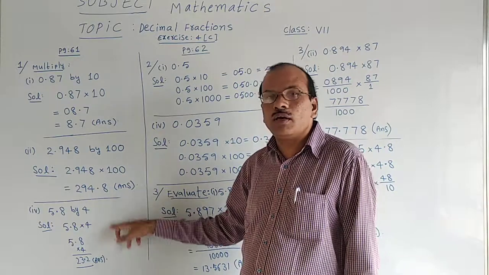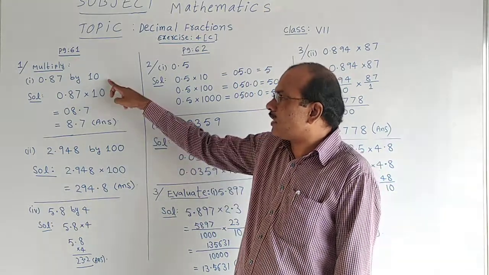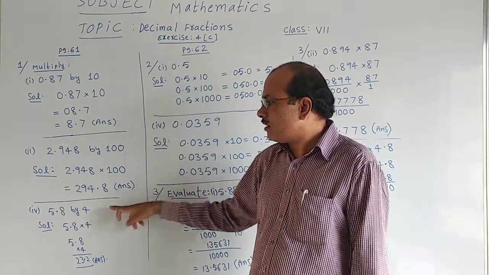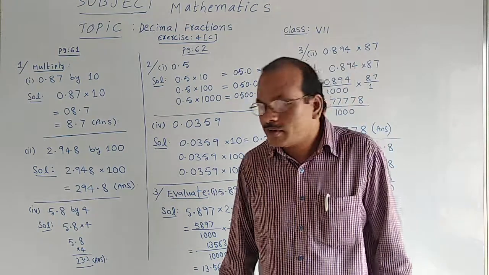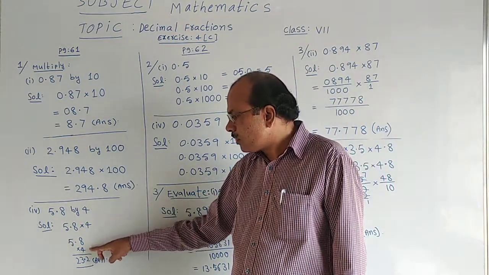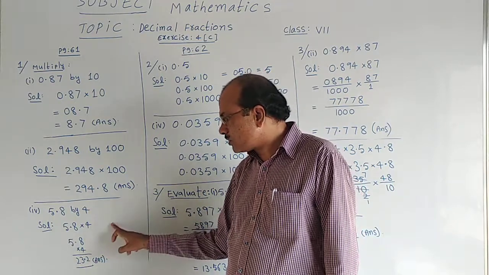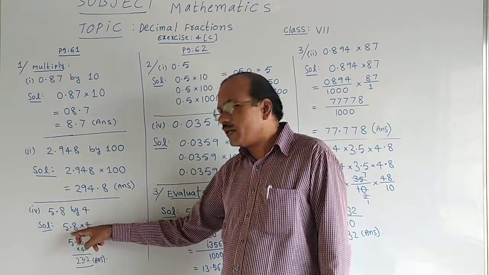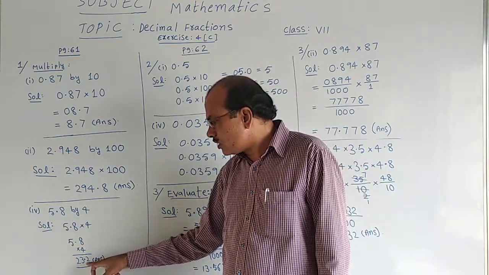Both are the same, multiplication with a whole number. Here it is with 10, here with 100, but this one is with 4. Directly we have to multiply. That is 5.8 should be multiplied with 4. 4 8s are 32. 3 carried in the rough and 2 written. 4 5s are 20. 20 and 3 is 23.